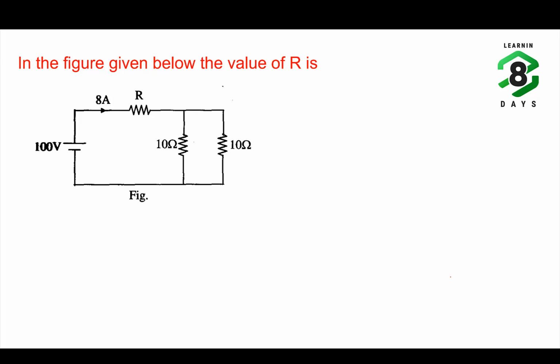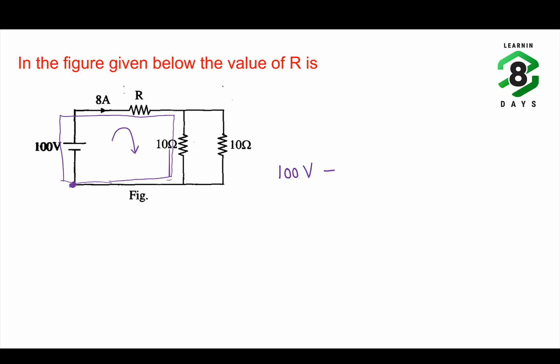Now, here the current that is flowing in this is 8 ampere. If we apply KVL in this mesh, because it doesn't contain any internal loops, and if we start from this point, I am traversing in this path. So first I am starting from this point. Minus to plus, so potential rise, 100 volt, minus, what is the current through the R ohm resistor?